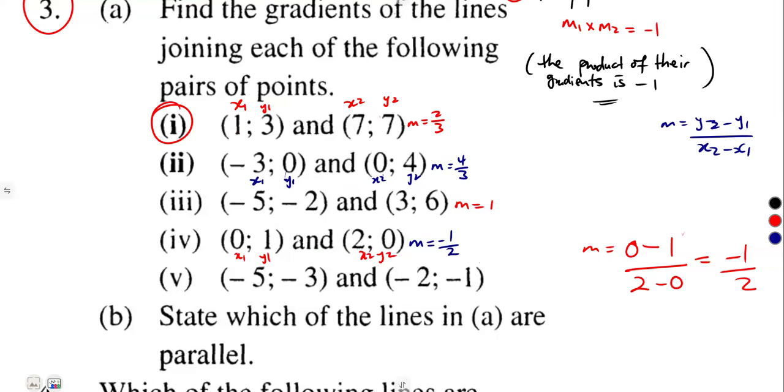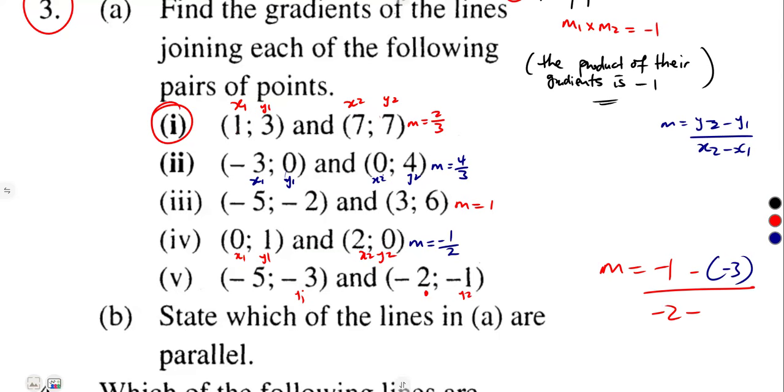Negative 1 over 2. And the last one is going to be our x2 negative 1, I mean y2 here and y1 negative 3. So we subtract minus 3 over x2 negative 2 minus our x1 negative 5.